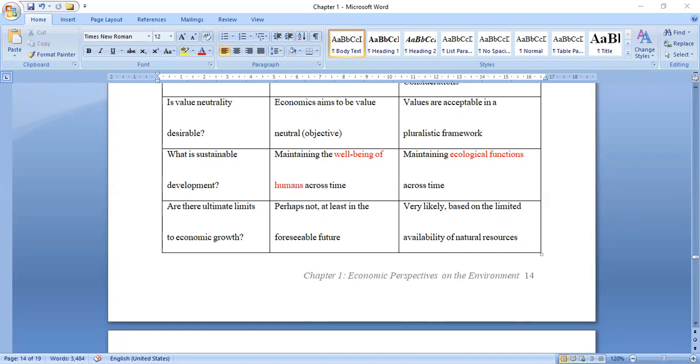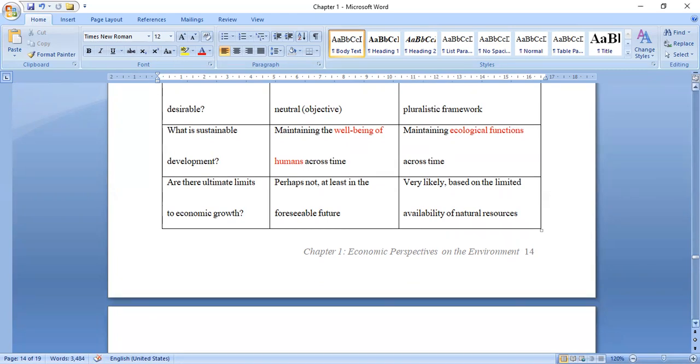And then in terms of limits to economic growth, the environmental economists do not see limits to economic growth. But the ecological economists, we've seen that they are eco-centric in nature, and they put natural resources at the center of analysis, right?